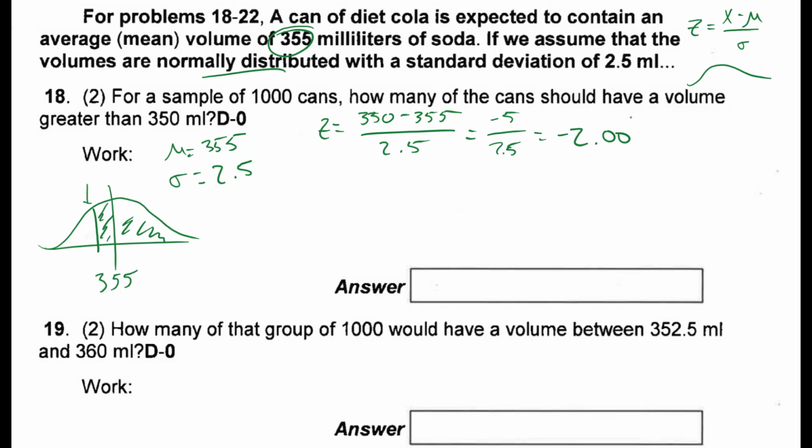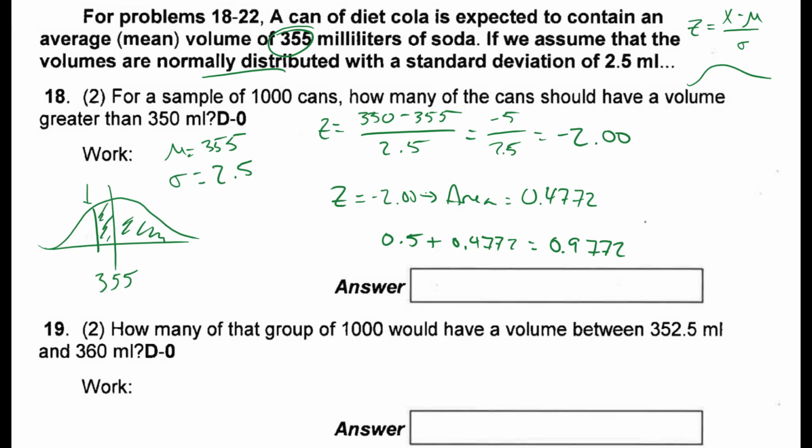So if that's my z-score, then I need to go to the table. Okay, so that gives me my z-score. Now what I need to do is take this 50% from here, and we're going to add on those two areas, and I get 0.9772. That gives me a percentage, so like 97%.